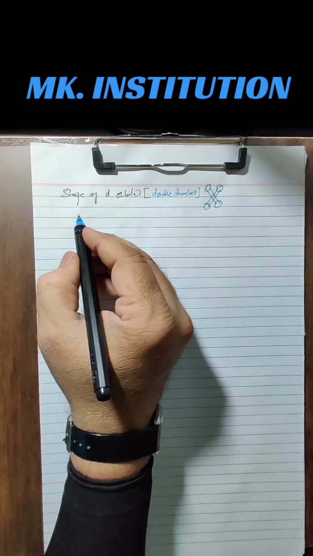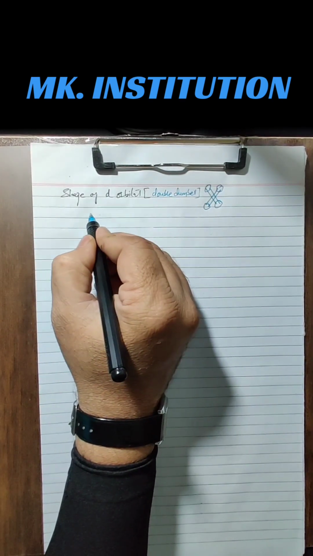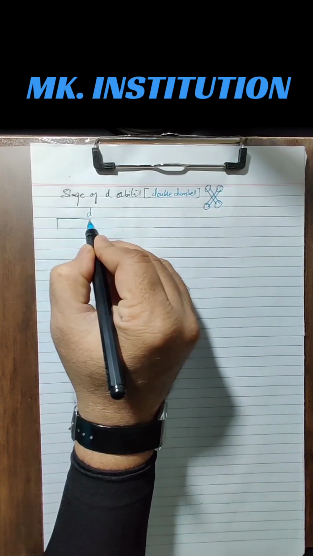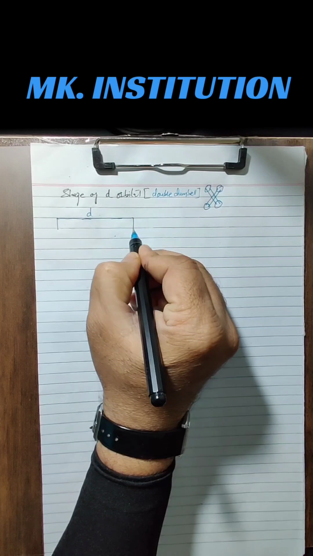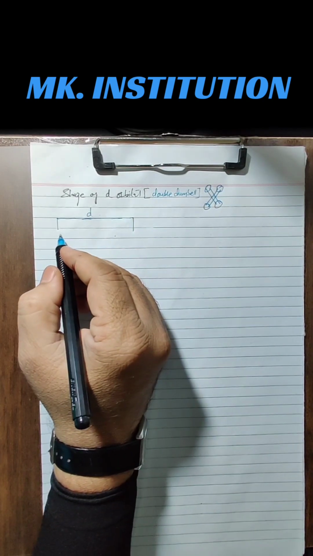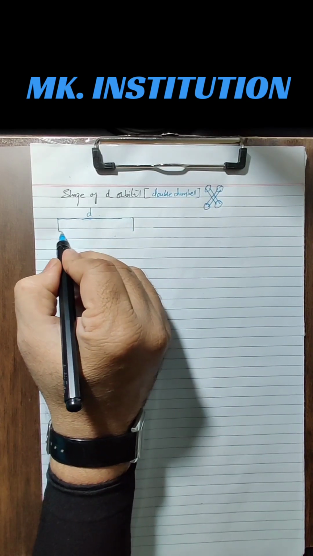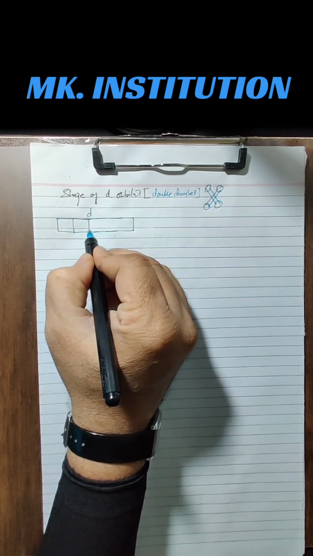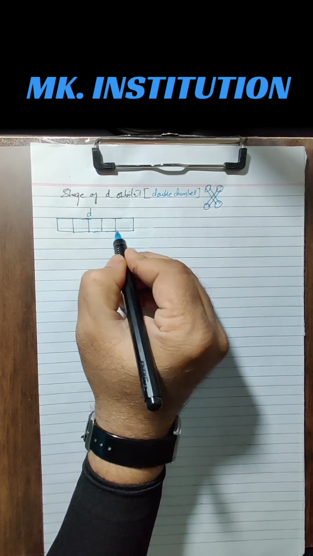Now how many orbitals will be there in d? Total spaces in the d orbital is 5: 1, 2, 3, 4, 5.